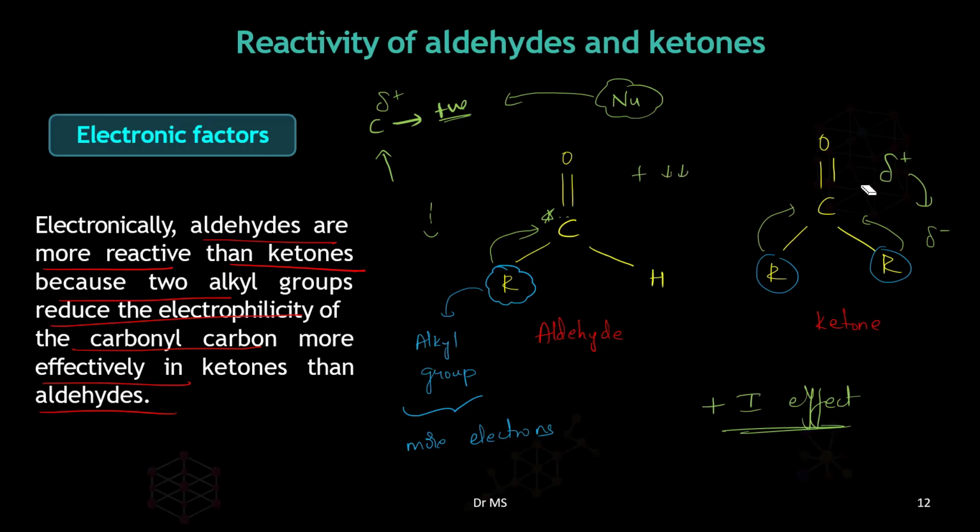And this decrease is much more on ketones because there are two alkyl groups present and both are trying to decrease the positive charge on this carbon. So this carbon will be much more negative compared to this. So this is positive and this is negative. Because of that, aldehydes will show more reactivity than the ketones because of this positive inductive effect.